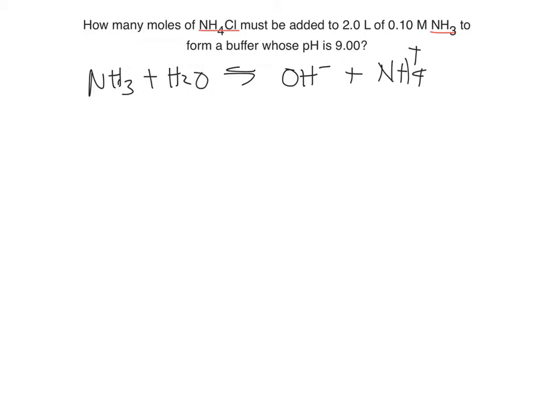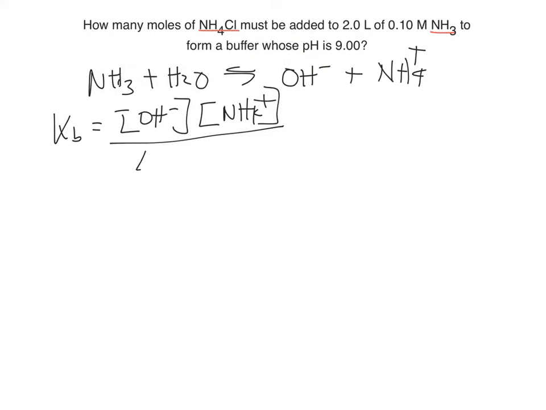and this is a base, so we must talk about a Kb. Kb is going to be equal to the concentration of OH minus times the concentration of NH4 plus divided by the concentration of NH3.